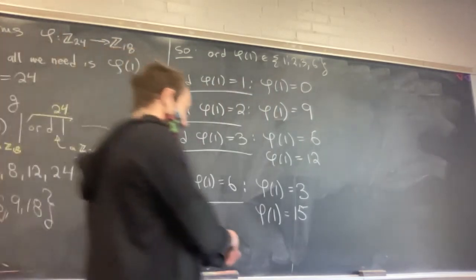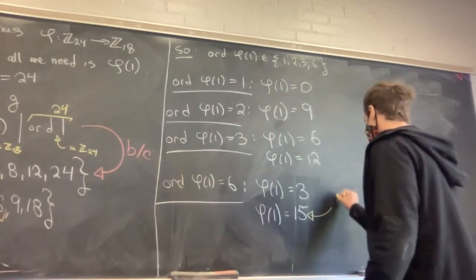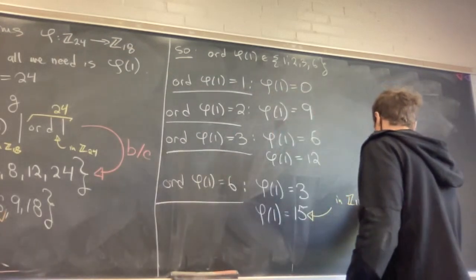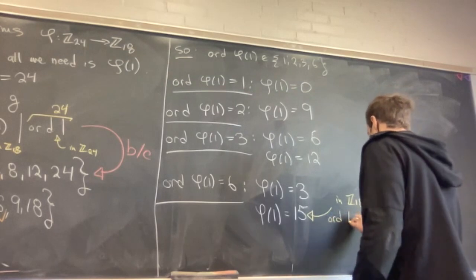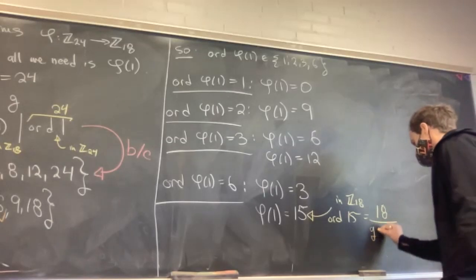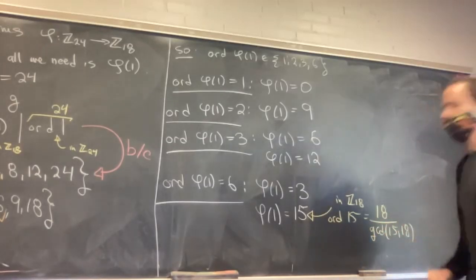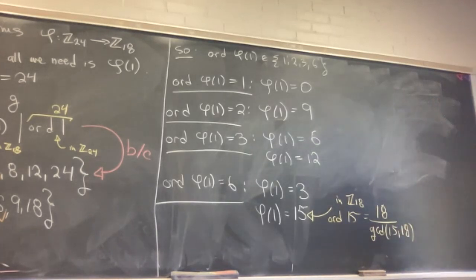And we can actually check that. In Z18, the order of 15 is equal to 18 over the GCD of 15 and 18. You can think about that formula in the back of your mind. The GCD of 15 and 18 is 3, right?